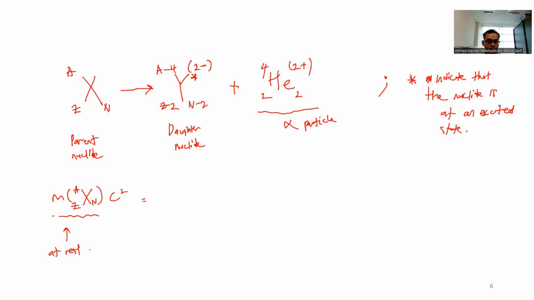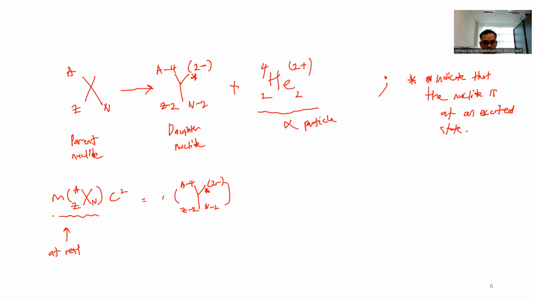And then after the decay, the mass energy of the daughter is Y, with Z minus 2, A minus 4, 2 minus, at an excited state.